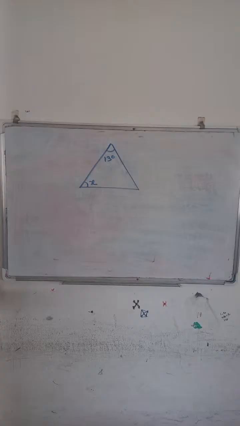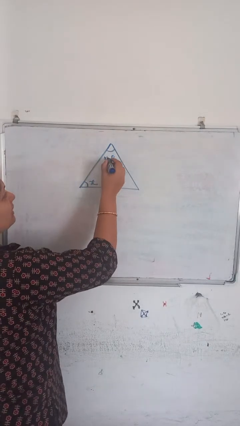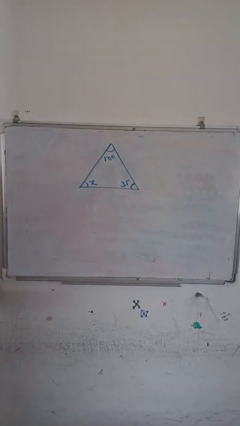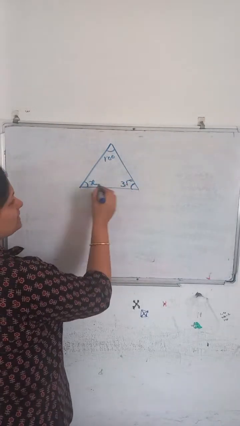I think some values are given by mistake. 150 plus 30 is 180, no? So x will become 0 here. So I think this question is mistyped. You can write one angle as 100 and another as 35, otherwise you will not get an answer. Maybe that is mistyped. Okay, then they are asking for the third angle.